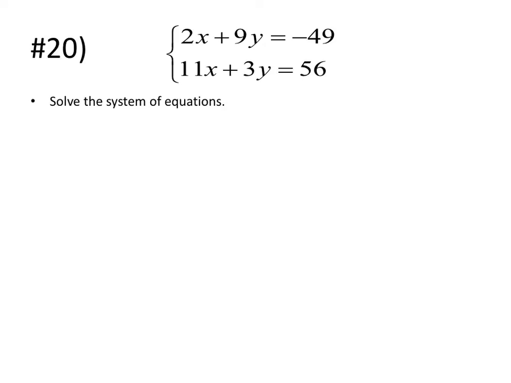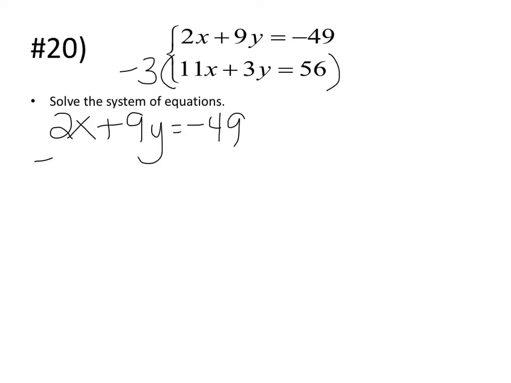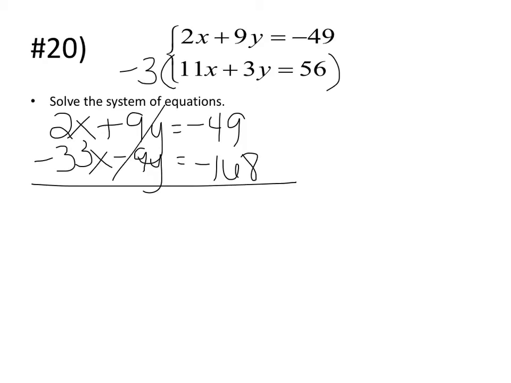All right. So number 20 looks like I'm going to try to do the y's here. If I multiply the bottom equation by negative 3, then my y's would cancel, so I would leave my top equation alone. And my bottom equation is going to become... y's will cancel. 2 minus 33 is negative 31.